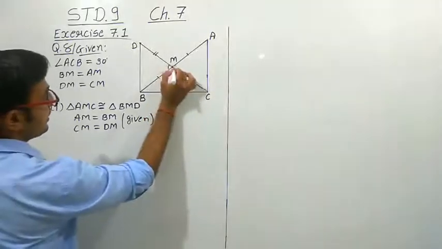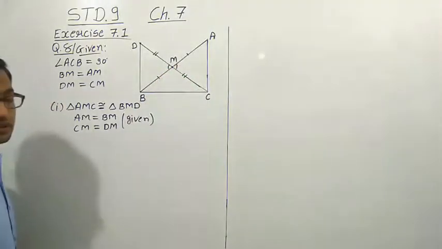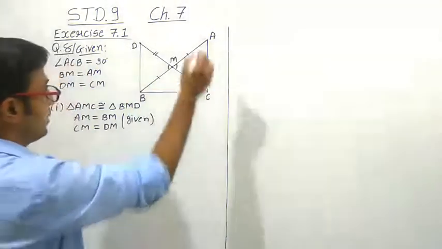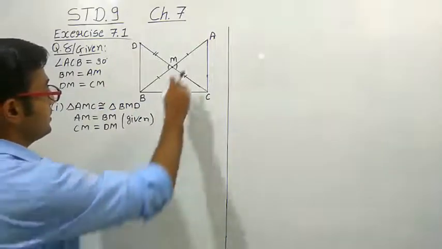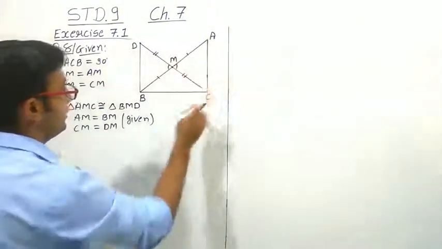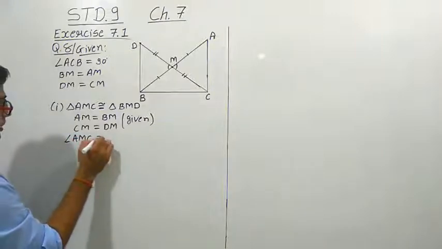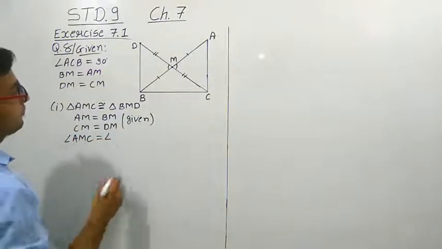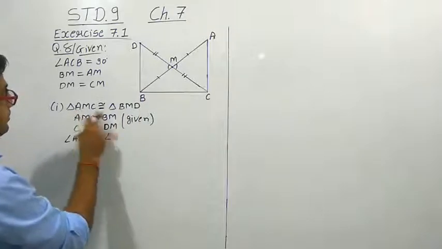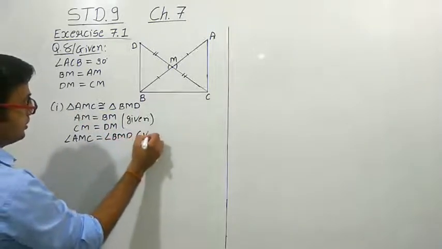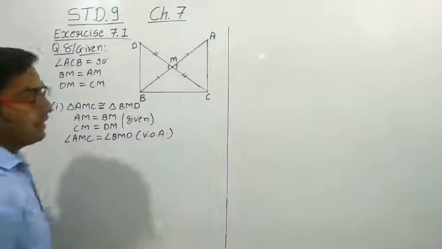Yes, it is very easy: these two angles are vertically opposite angles because the two lines are intersecting here. So we can write that angle AMC will become equal to angle BMD. The reason is vertically opposite angles.